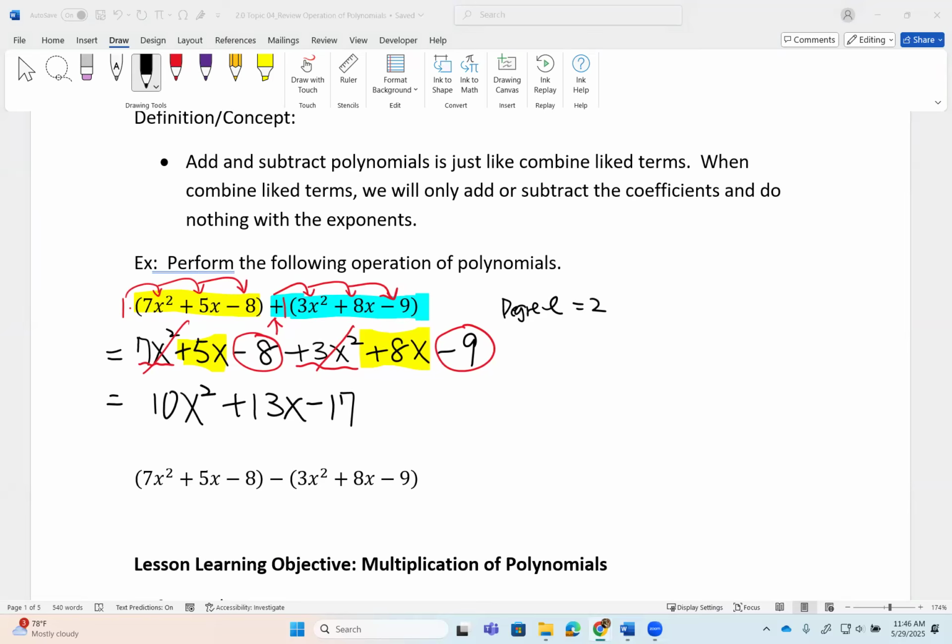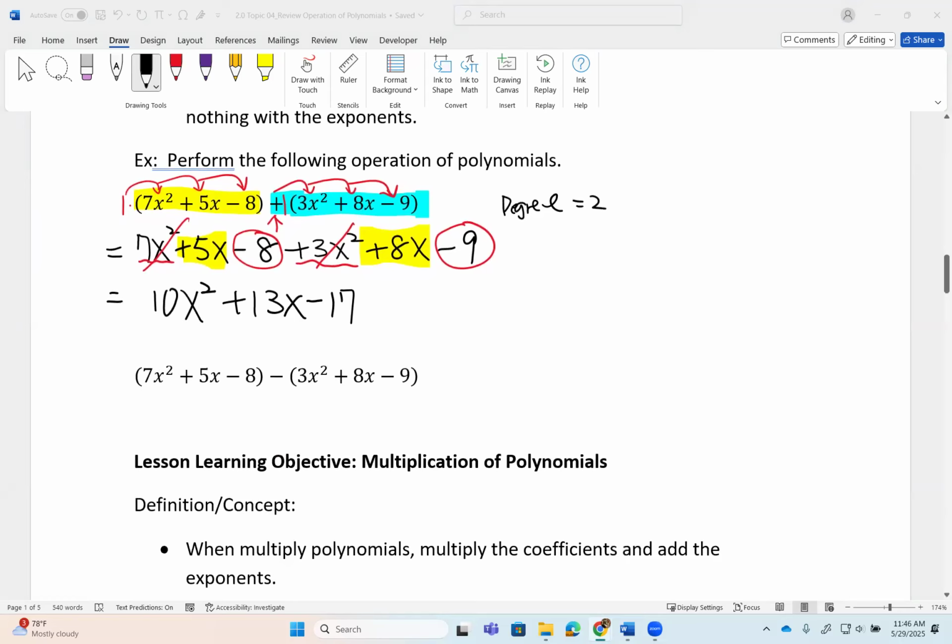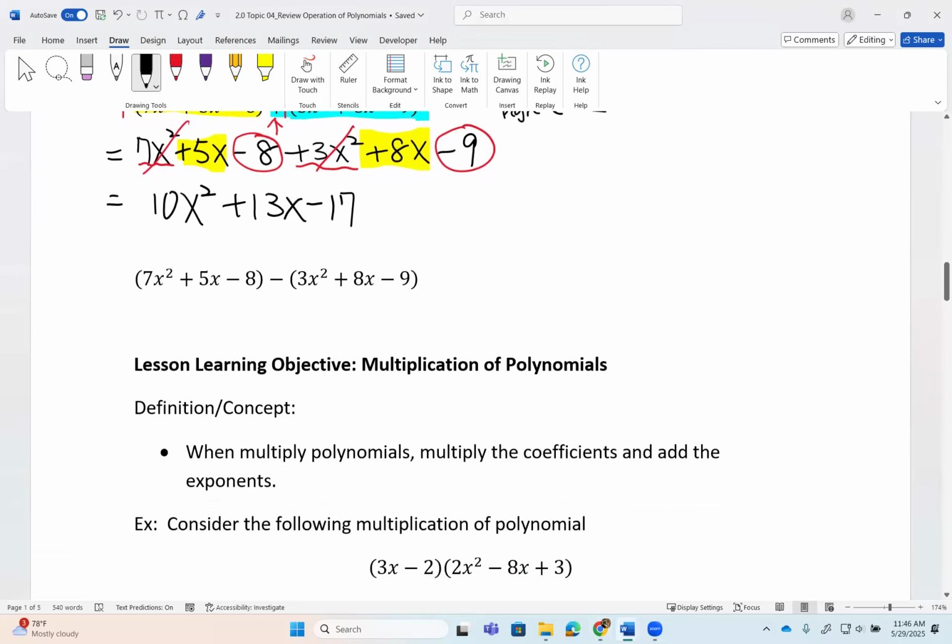Okay, let's try another one. All right, this one is subtracting two polynomials. So again, I'm going to use the distributive property to do this example. This time, with the subtraction sign outside the parenthesis, in front of it, this is one term. Behind the subtraction sign, this is one term.